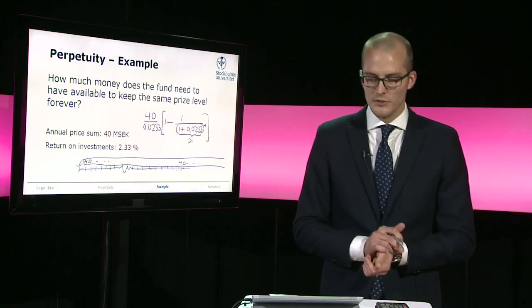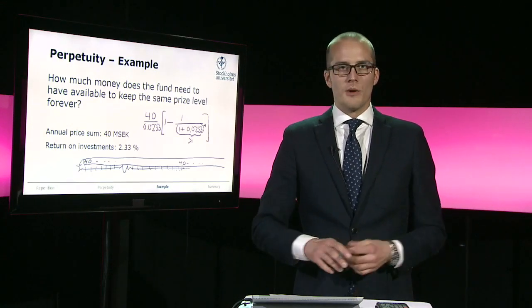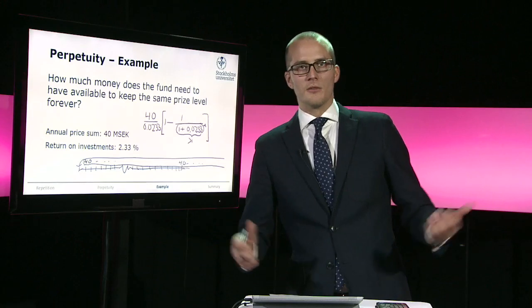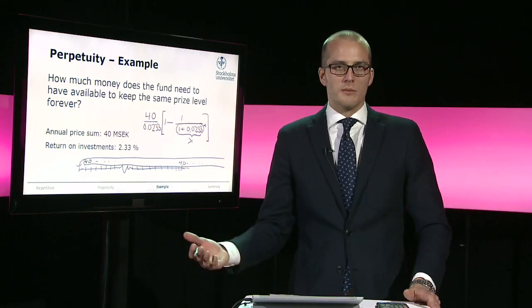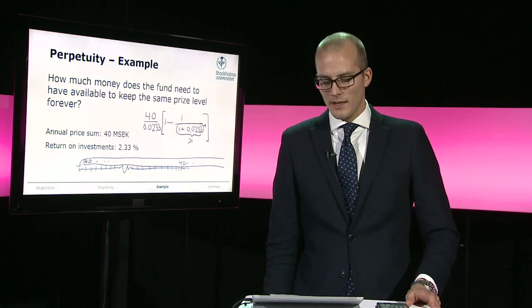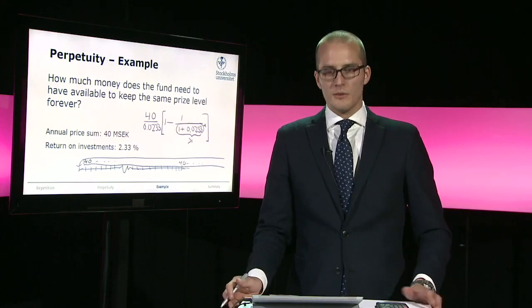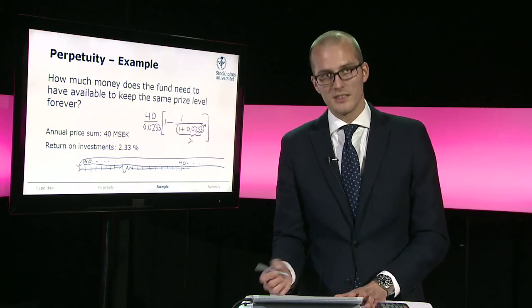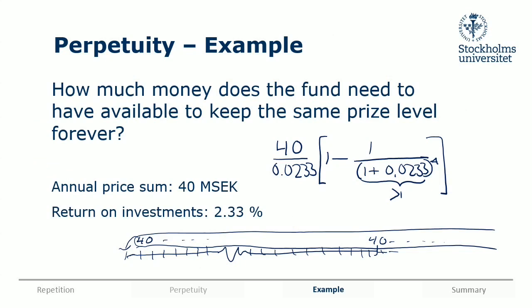You can try to divide 1 with, I don't know, 50 million, and you will see it becomes a very, very small number. After a while it will be 0. So then it basically says that you should take 40 divided by 0.0233 times 1 minus 0.